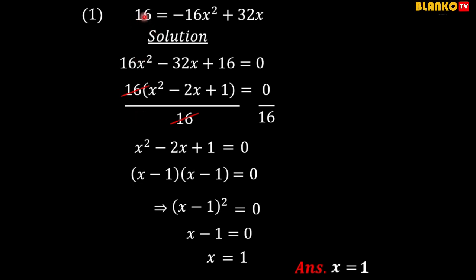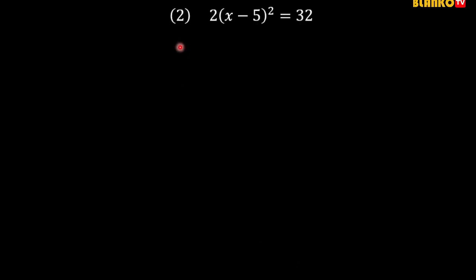So to solve the quadratic equation 16 equals negative 16x squared plus 32x, our answer is x is equal to 1.